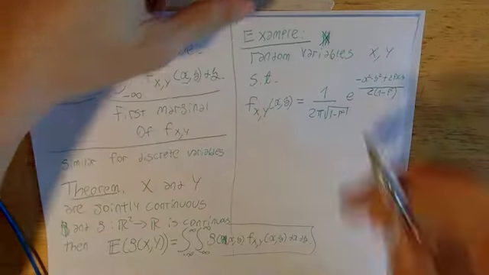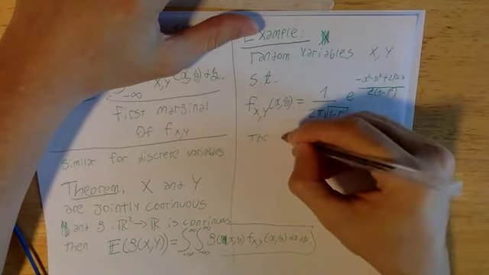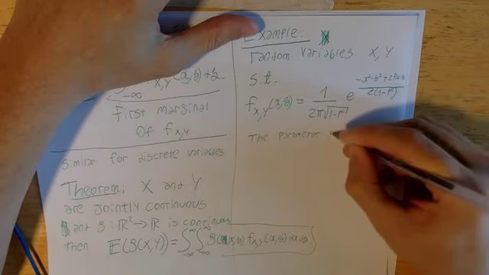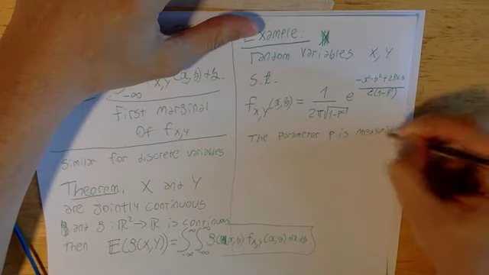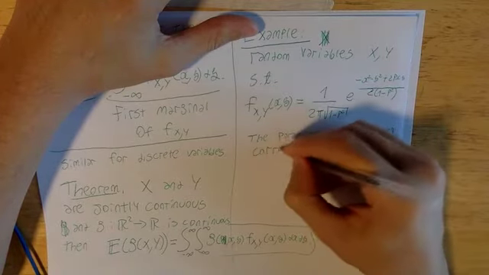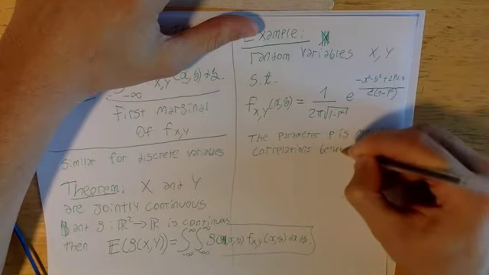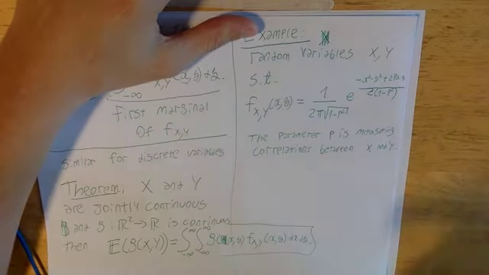Okay, so the idea is that this parameter p is measuring correlations between X and Y.